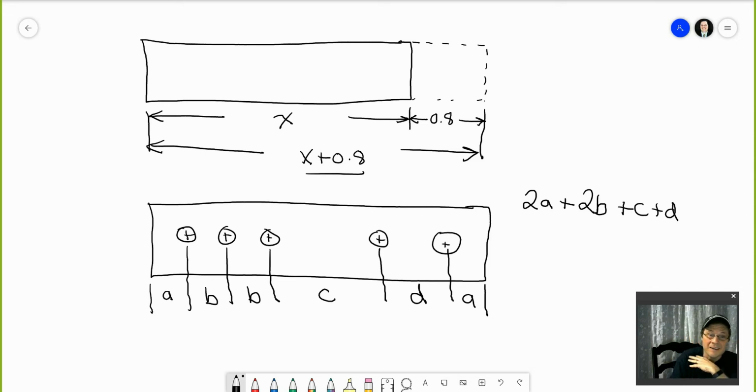So having a common print like this, where A is always A, the distance from the ends is always A. The distance between the first two holes is always B. The distance between the middle two holes is always C, and the distance between these two holes is always D. Even though these values change, you may be in a situation where the size of everything is the same, but the location changes depending on the application.